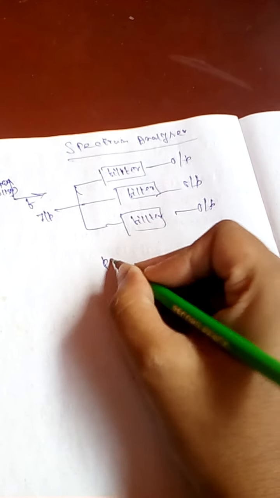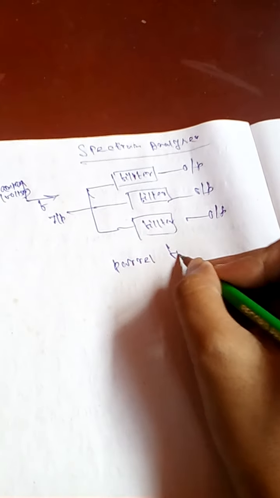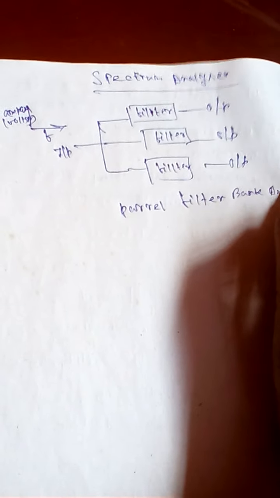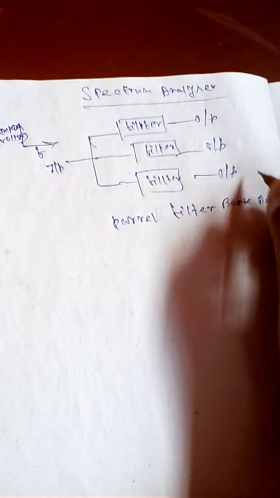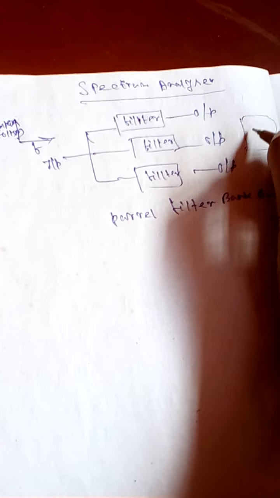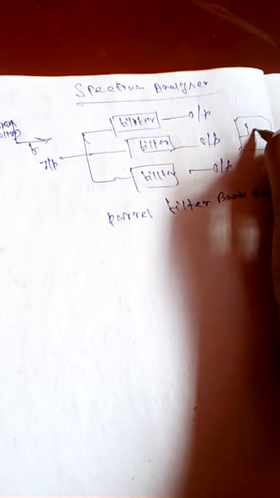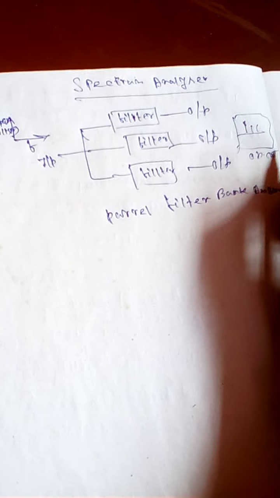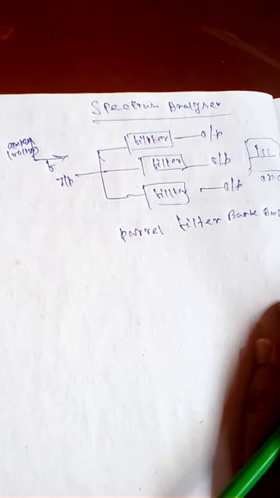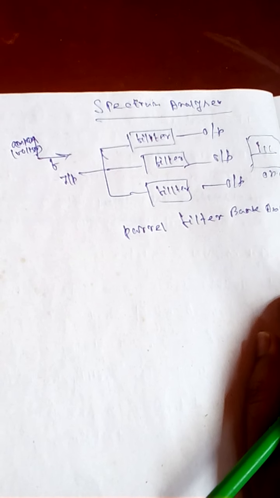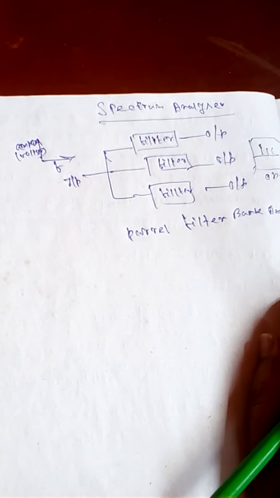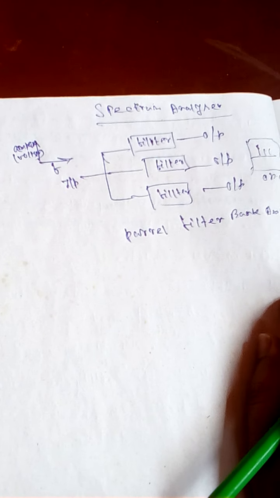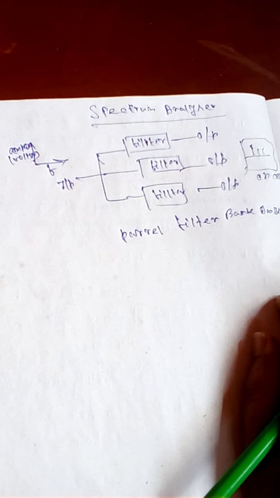This is the parallel filter bank analyzer. If we take the output, we see it on the CRT display. In an audio analyzer, we have 32 filters, each covering one third of an octave. For a wide frequency range, particularly RF or microwave signals, the sweep technique is preferred.